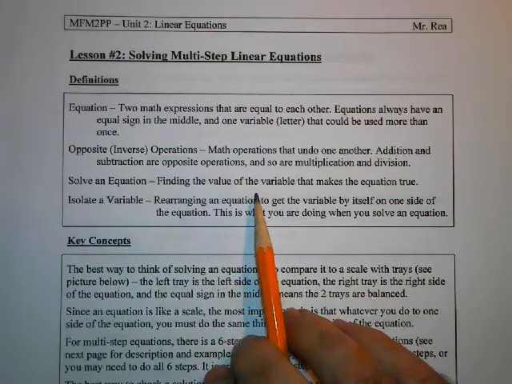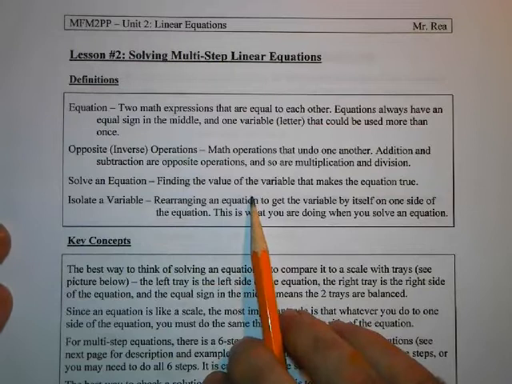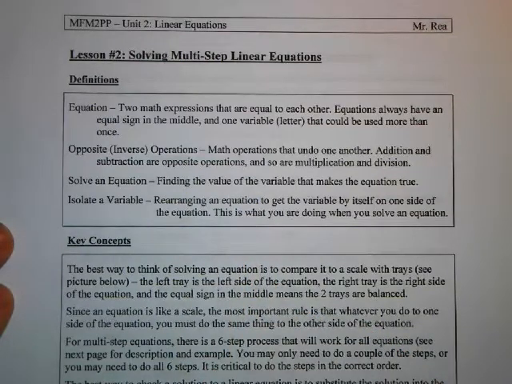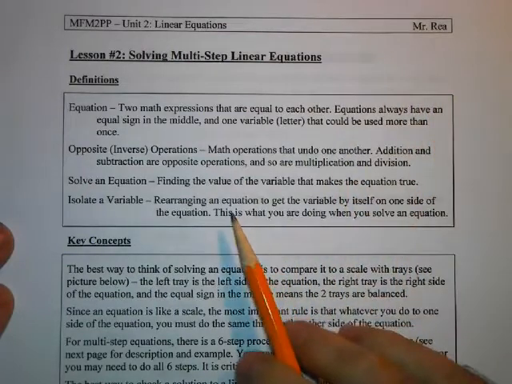So when we solve an equation, we end up with a statement, well, an equation, x equals a number. And that tells you that if you plugged in that number for x in the equation and simplified both sides, you would get the same number on both sides.